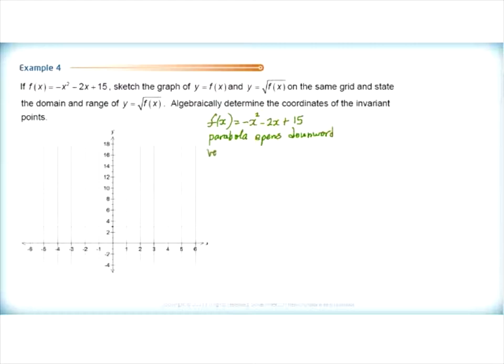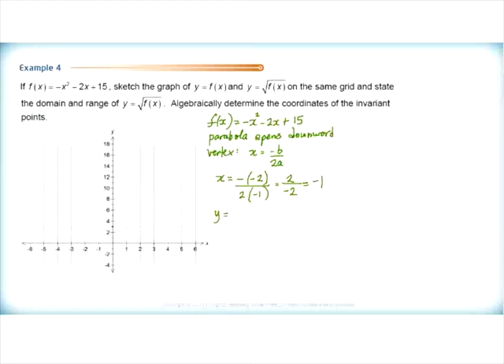We need to locate the vertex of that parabola by using x equals -b/2a. That's a standard formula we use to find the vertex of a parabola in standard form. So this time the value of b is -2, so we have minus -2 over 2 times -1. That leaves us with +2 over -2. The x-coordinate of the vertex is at -1.